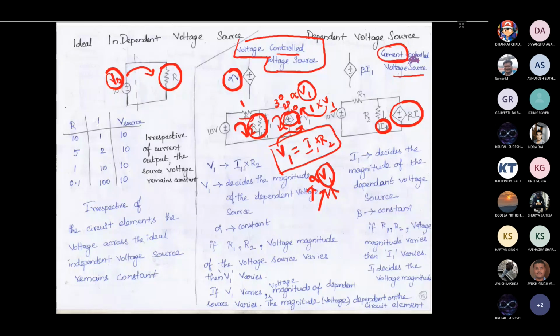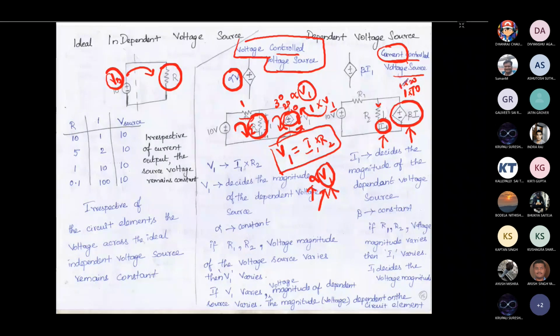So here, this resistor R1 is going to see a current of I1 flowing through this path. So that I1 is going to decide the voltage magnitude of this dependent voltage source. So let's consider for the time being beta is equal to 1, and if I1 is 10 ampere, then the voltage magnitude is 10 volt, and if I1 is 20 ampere, then the voltage magnitude of the source is 20 volt.